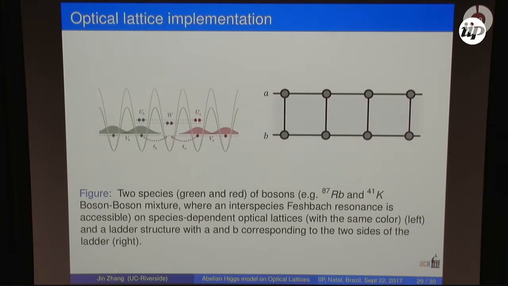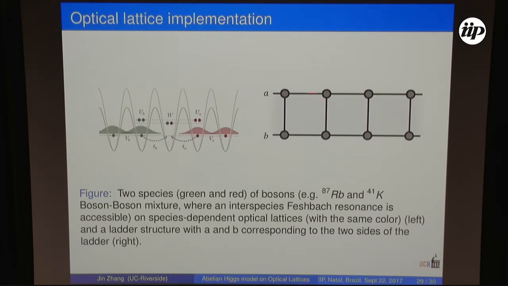So this is the lattice implementation. The first one is a species-dependent lattice. The interspecies interaction W can be tuned by the Feshbach resonance. Because there's no time, we won't go into the details. The second one may be a simpler one. We use a single species, but the ladder on two sides expresses two species.